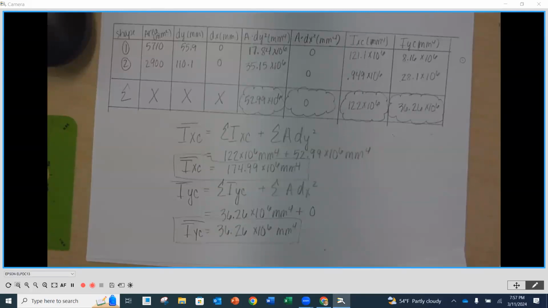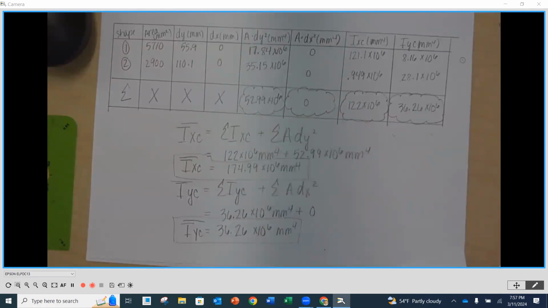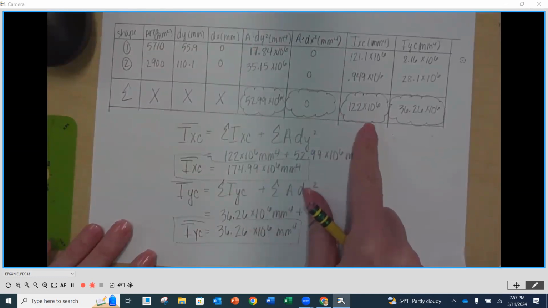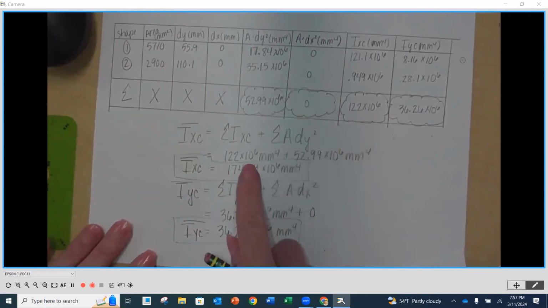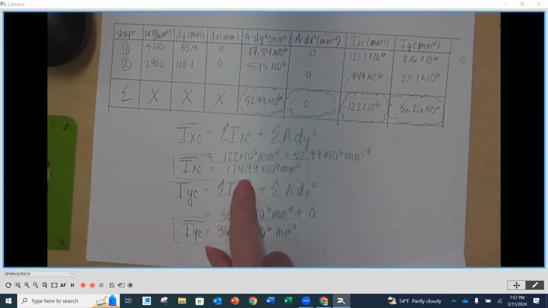So as we look here, here are your answers on the summations, and then filling in the appropriate columns. So the IXC summation will go here, plus A times the dy squared, that goes there. So adding those two together, your moment of inertia about the x centroidal axis of the composite is going to be 175 times 10 to the 6th, or 174.99.